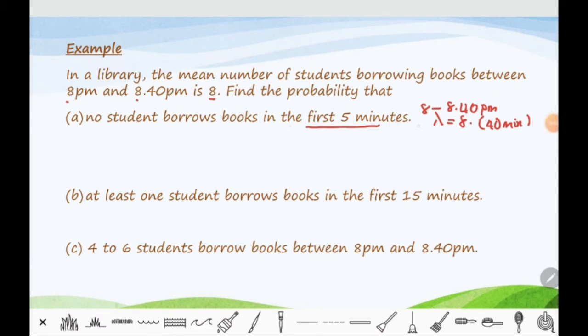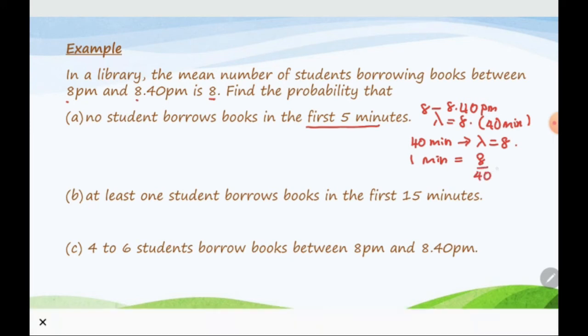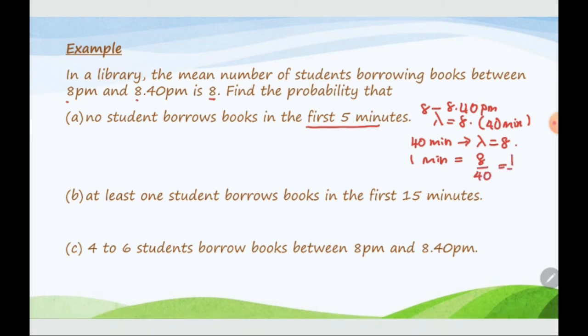So we need to calculate for 1 minute first. So we know that for 40 minutes, the lambda is 8. So for 1 minute, we need to divide 8 by 40. So we got 1 over 5 or 0.2.